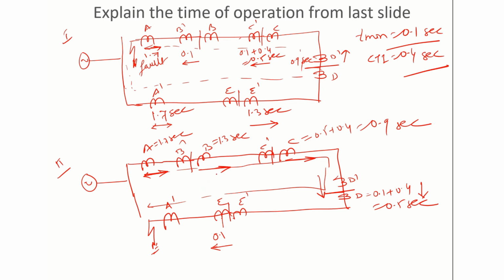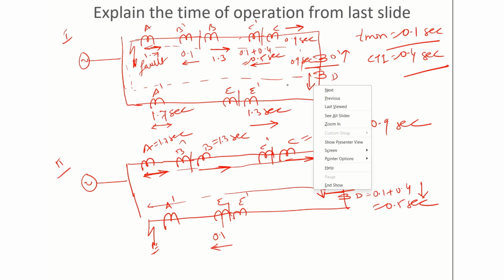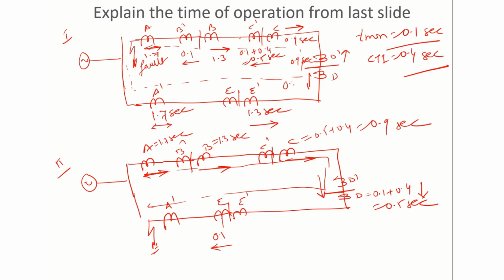This is B dash. B in this direction with time of operation 1.3. C dash this direction 0.5. C this direction 0.9. D dash this direction, D again this direction with time of operation 0.5 second, and E is this direction with 0.1 second.